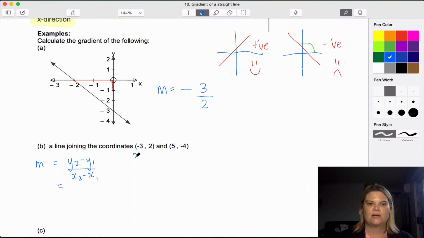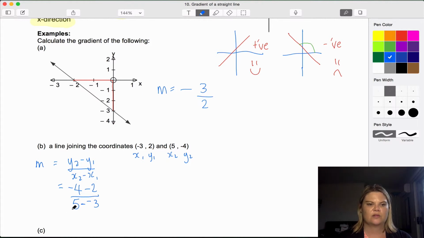I'm going to label these so I don't get confused. y2 is negative 4, take away 2, over 5, take away negative 3.